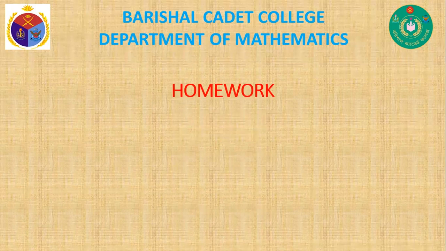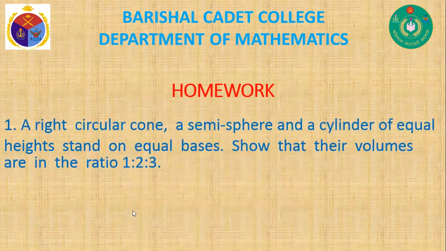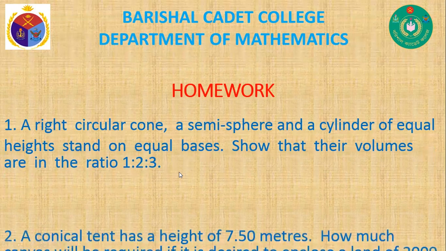Dear boys, now it is time to get some homework. Your first homework is: a right circular cone, a semi-sphere and a cylinder of equal height stand on equal bases. Show that their volumes are in the ratio 1:2:3.